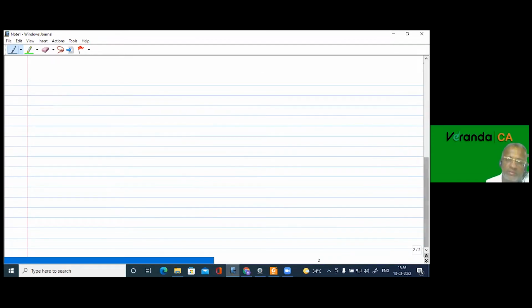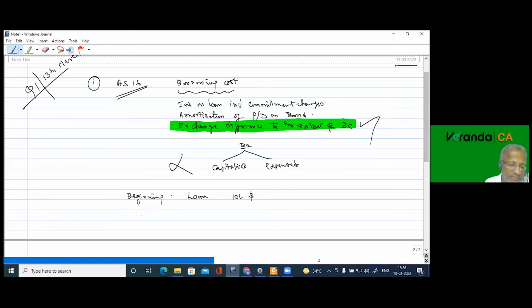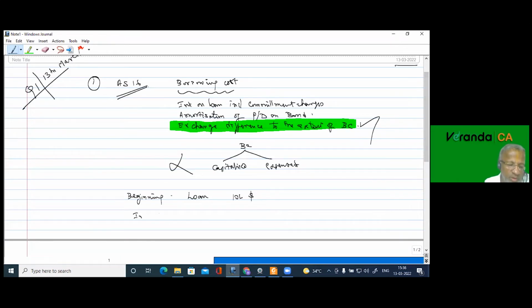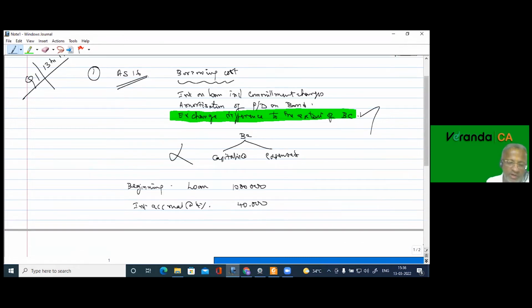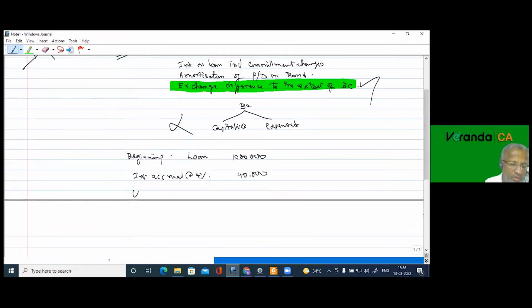Then, at the end of the year, interest accrual at the rate of 4%, being 40,000. Closing loan amount is 10,40,000 in US dollars.